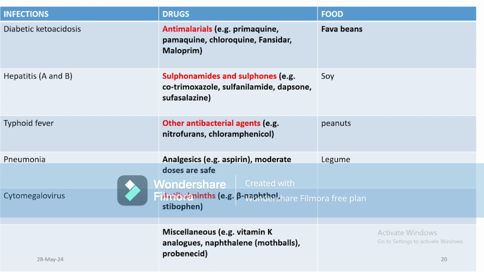And so people with G6PD deficiency are to protect themselves against hepatitis A and B. Typhoid can cause hemolysis, pneumonia, cytomegalovirus, just to mention a few, very important.